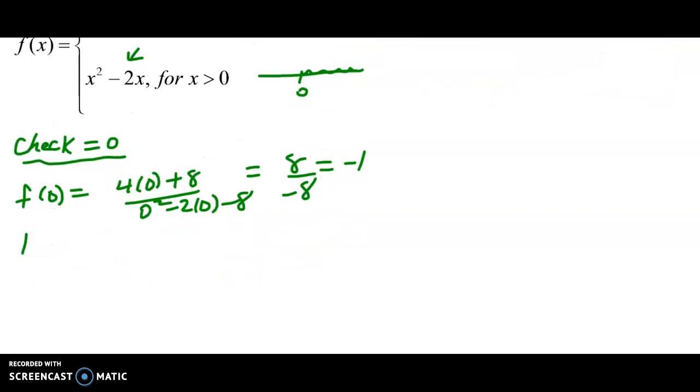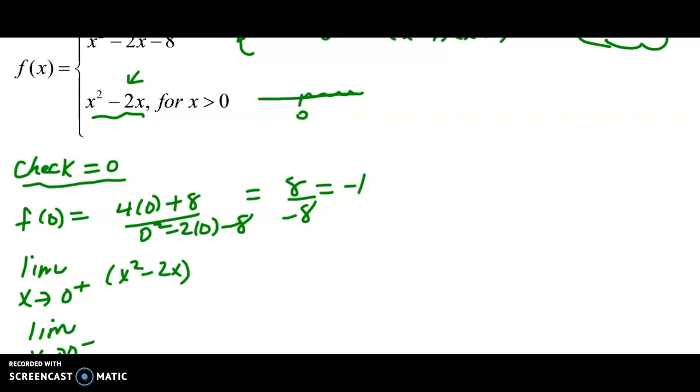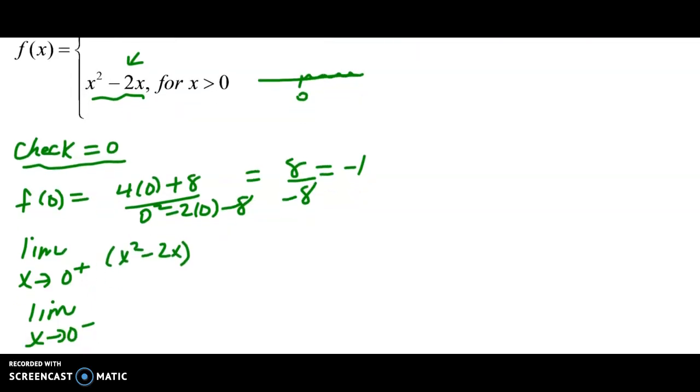Then I'm going to calculate the limit as x approaches 0 from the right and from the left. So from the right, I'm going to use the greater than, which would be x squared minus 2x. And from the left, I'm going to use (4x plus 8) over (x squared minus 2x minus 8).